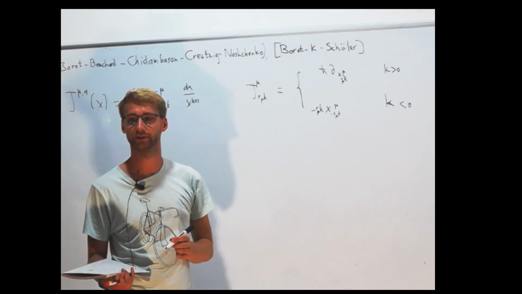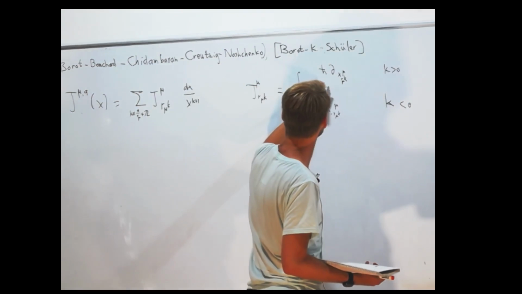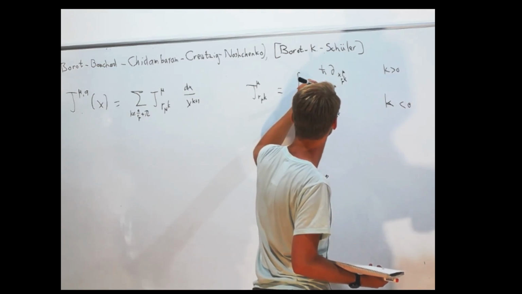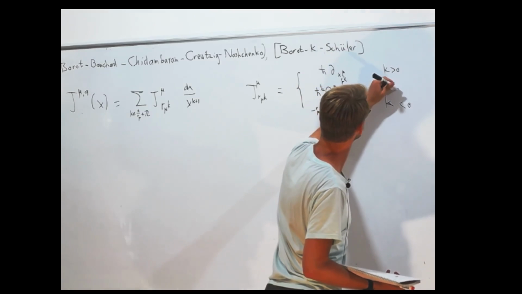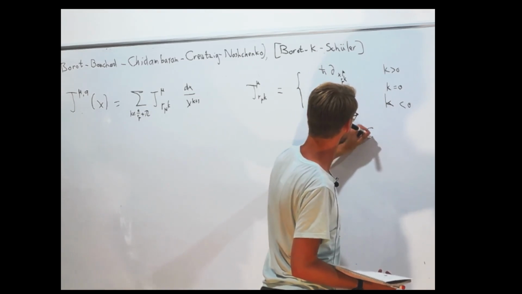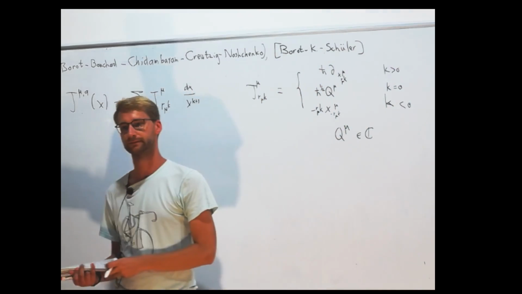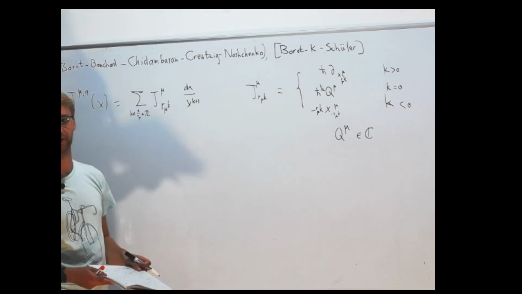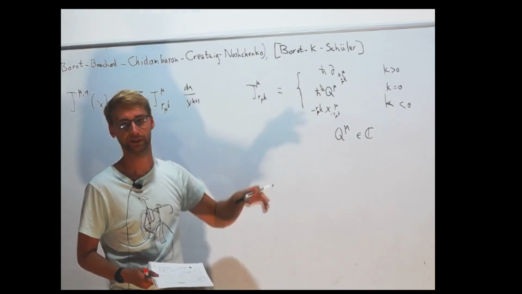But this is kind of interesting. We can also add 0 modes now. So I'm going to do this, where q mu is just some complex number. And note that because of our grading convention, all of these are of degree 1.